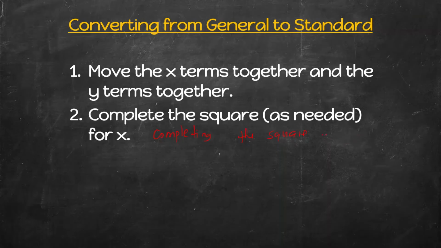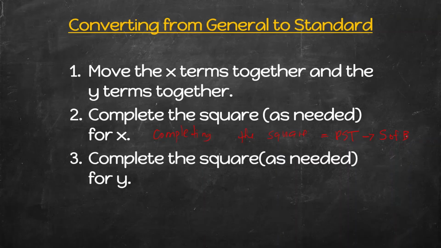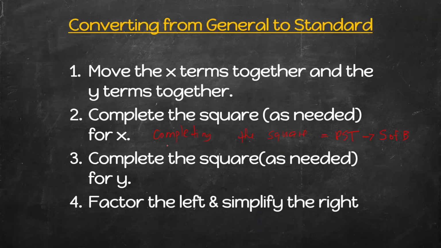So, gagawin natin siyang perfect square trinomial so that magiging square of binomial siya. Mas maintindihan nyo mamaya pag nag-example na. Next, complete the squares as needed for y naman. So, the same kay x, ganun naman din kay y. And lastly, factor the left and simplify the right. We will factor the left and we will simplify the right. Okay.